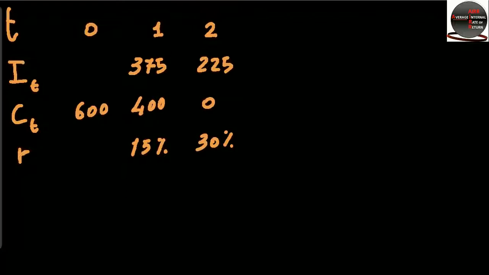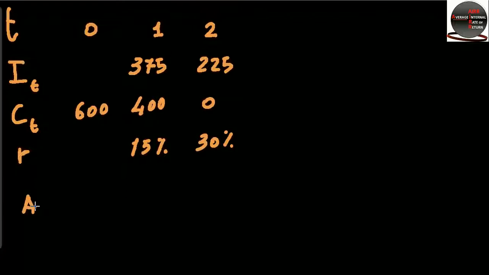Now, remember that we have 4 equivalent ways to compute the project AIRR, the project's rate of return. Let us take one of these, which we illustrated in the 3rd video.